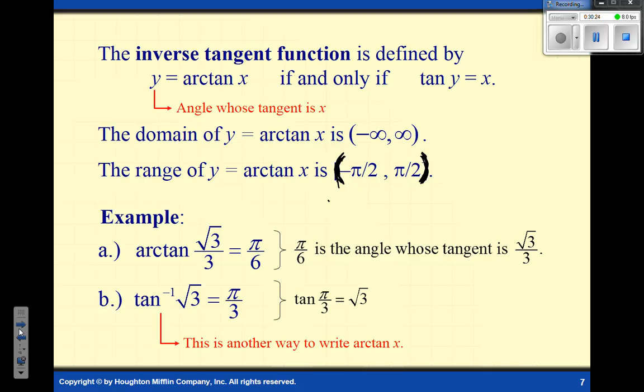But I need to put it in radian measure, so that must be pi/6. And then, Tyler, if I think about it backwards, pi/6 is the angle whose tangent is √3/3.